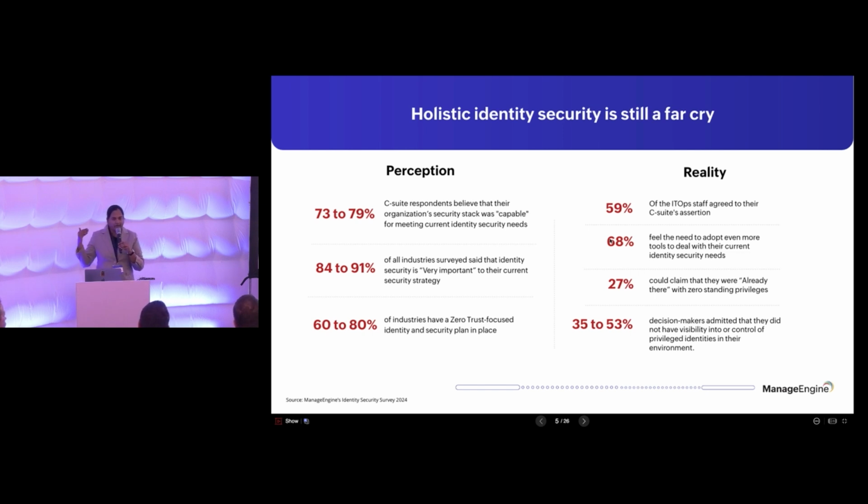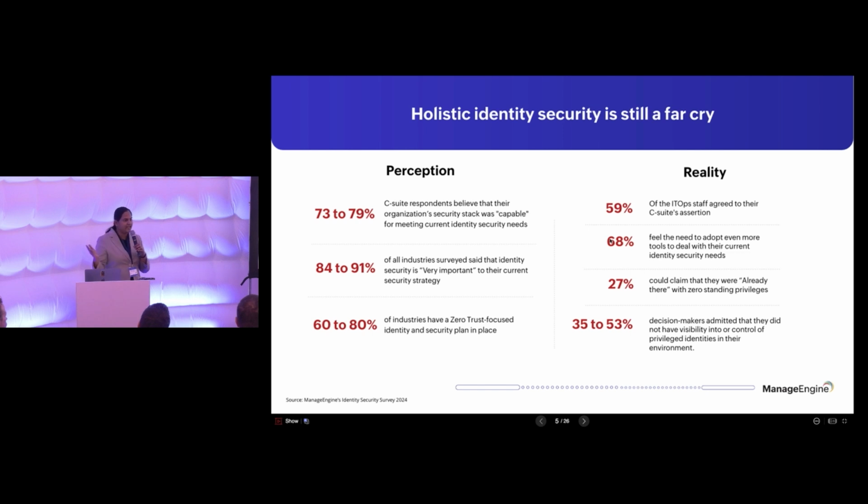Again, 84 to 91% of decision makers pertaining to different industries like healthcare, automotive, aerospace, think that identity security is very, very important to their security strategy, whereas only 68% of the SecOps people feel that they have enough tools to prevent identity-related attacks.